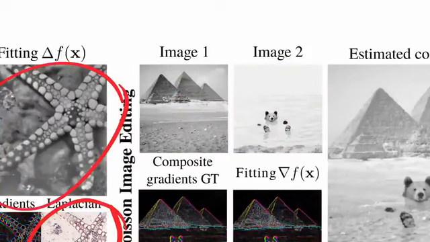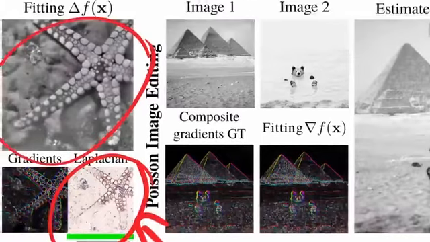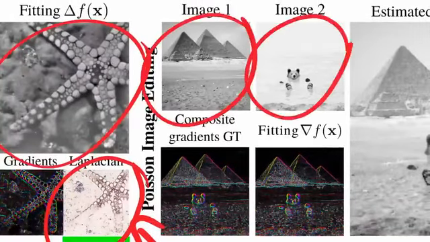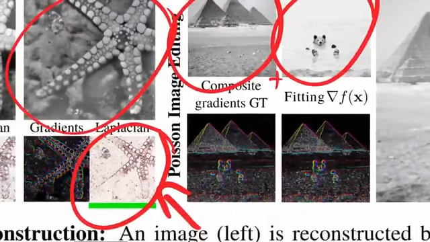Now, with GANs we can do this, but we have to have a training data set and so on. Here, we'll simply take the gradient of this, and the gradient of this, and then add the two gradient maps. As you can see right here on the left, these are the composite gradients.